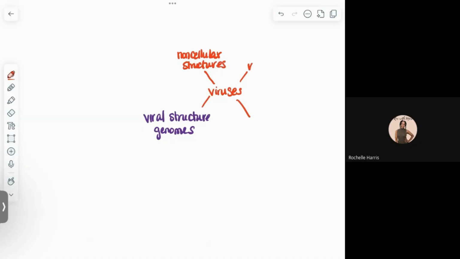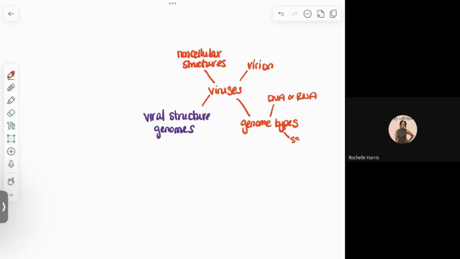It may consist of DNA or RNA, be single or double stranded, and can take a linear or circular arrangement. Now, RNA viruses are further classified as positive sense, which can function directly as messenger RNA, or negative sense, which must first be transcribed into a complementary strand by RNA replicase.